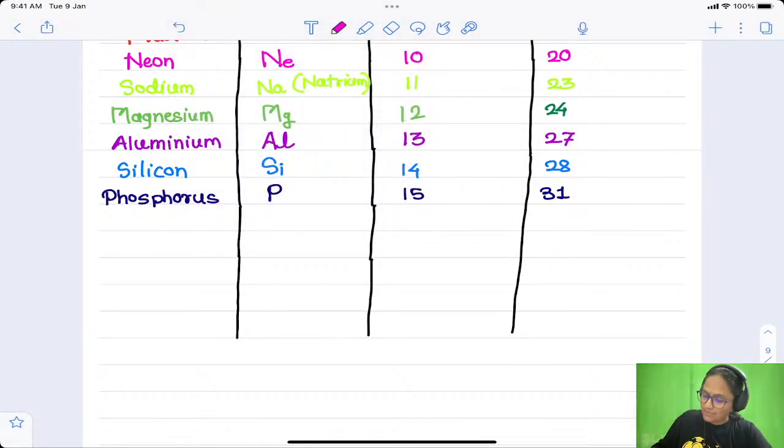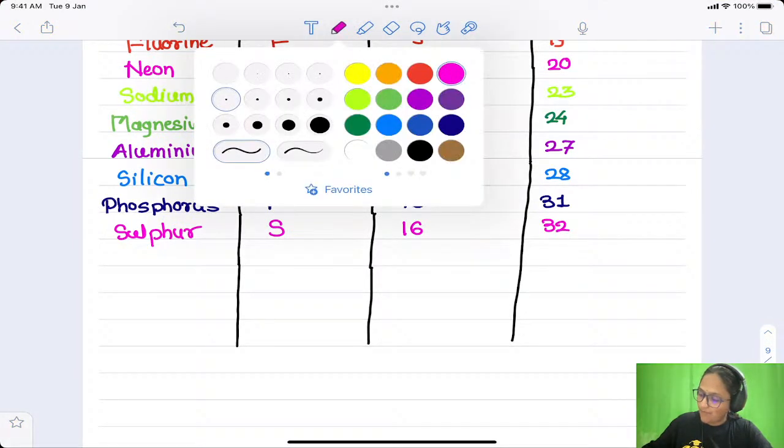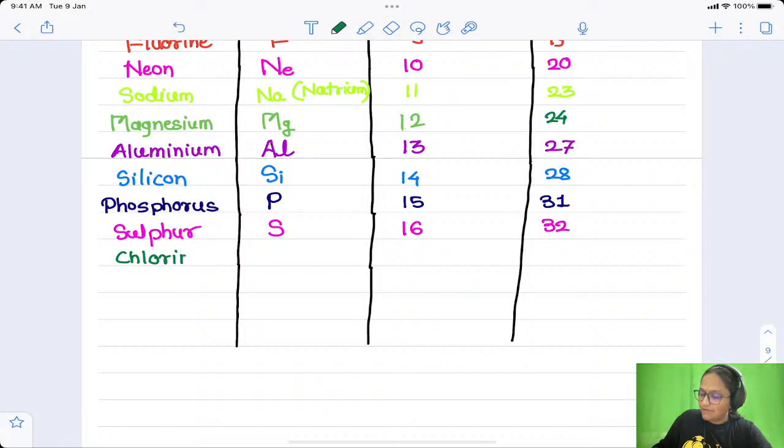After phosphorus, it is sulfur. For sulfur, the symbol is capital S. Atomic number 16, mass number 32. After sulfur, it is chlorine. C was already given to carbon, so here the symbol given is Cl, chlorine.